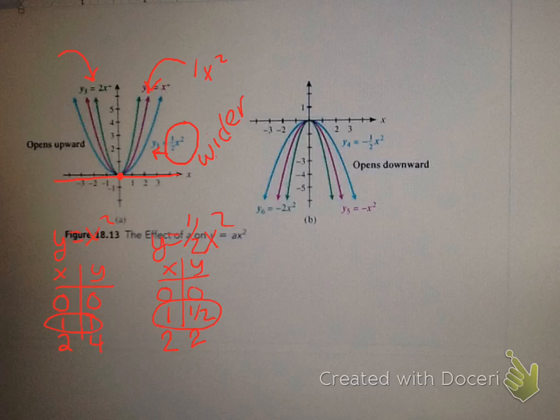When your a is greater than 1, like in this one where it's y equals 2x squared, then it gets narrower than the basic parabola.